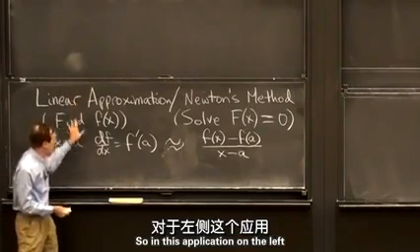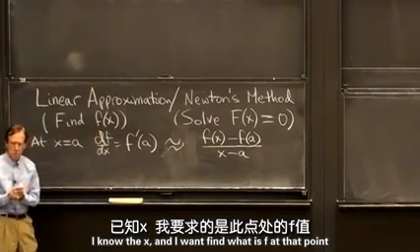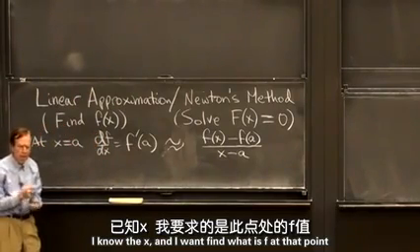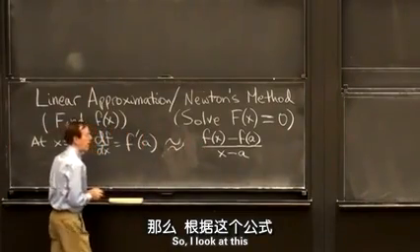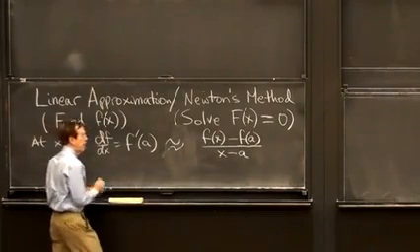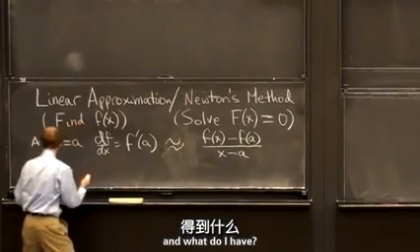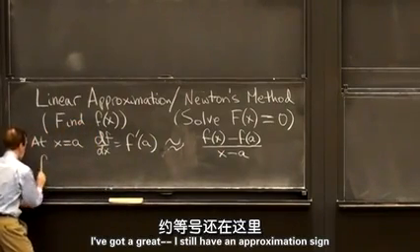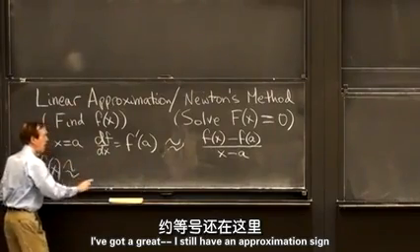So in this application on the left, I know the x, and I want to find what is f at that point. So I look at this. I multiply up by x minus a. I move the f of a to the other side. And what do I have? I still have an approximation sign.